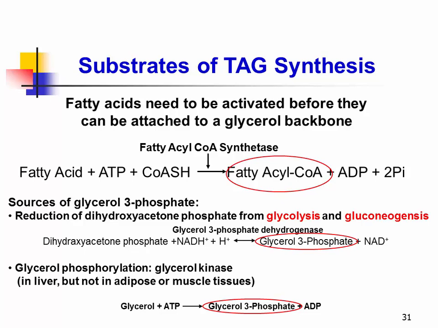So, the substrates of triglyceride synthesis: we know that we need three molecules of fatty acids. Before fatty acids can attach to the glycerol backbone, fatty acids need to be activated. So this is a step called fatty acid activation.